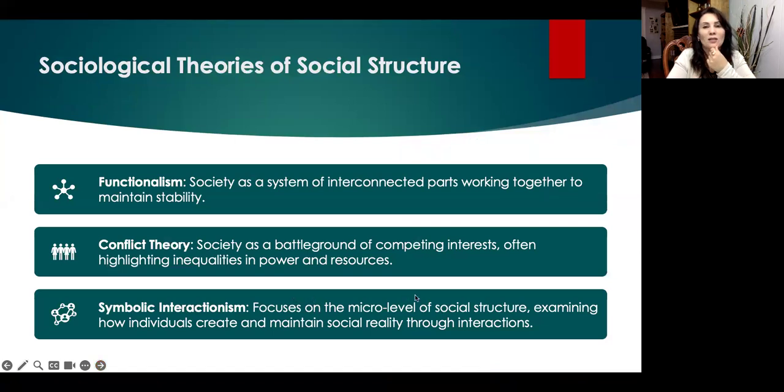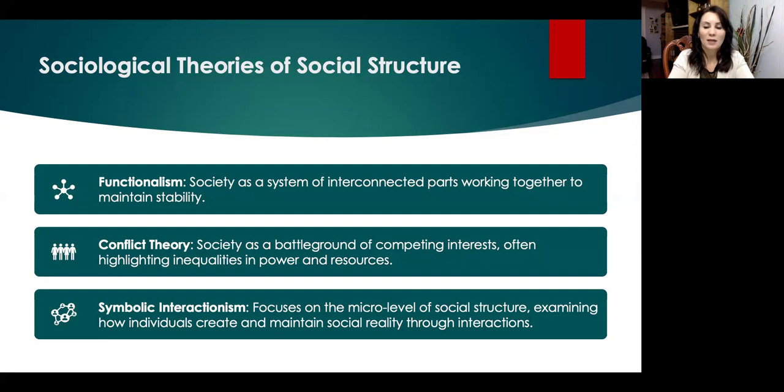In sociology, we don't have one social theory that explains everything, like the Big Bang Theory. We don't have it because society is very complex and we would like to see it from different points of view. For example, structural functionalism tells us that there are social institutions, each of them has their own structure and function.